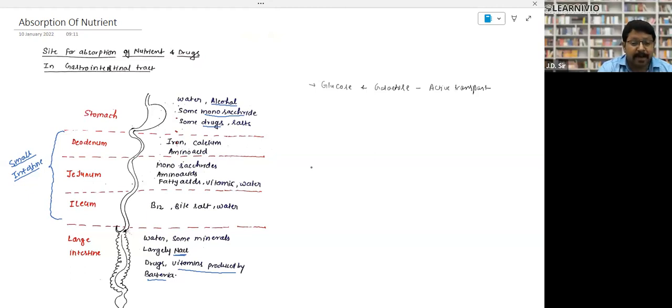The most rapidly transported monosaccharide is galactose.